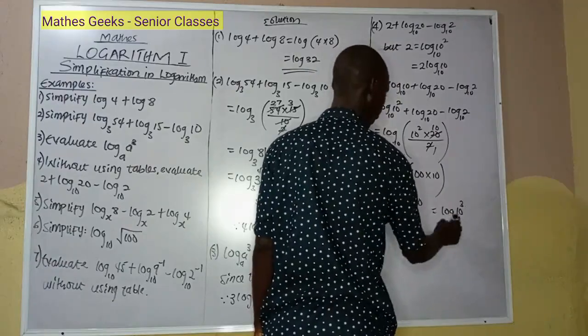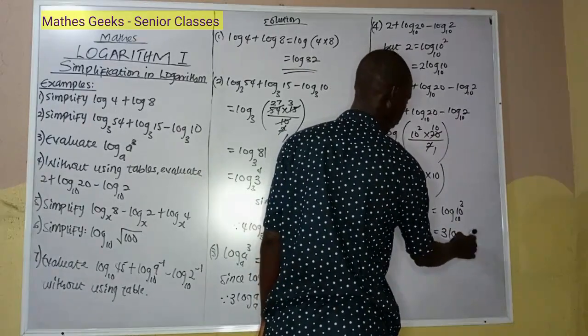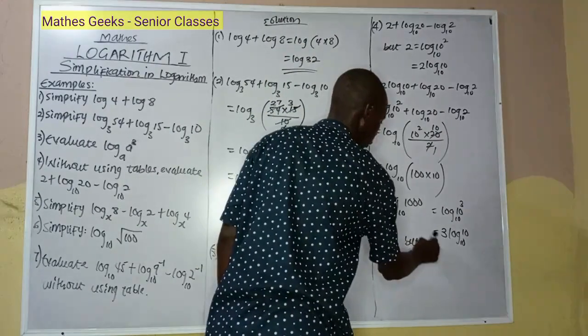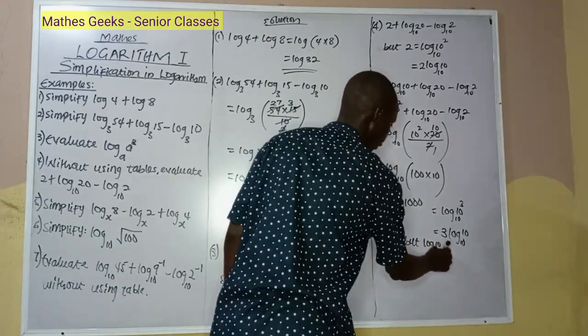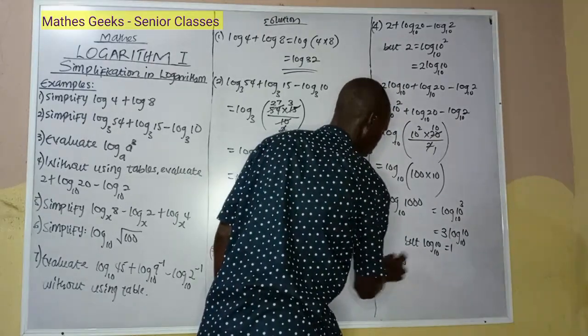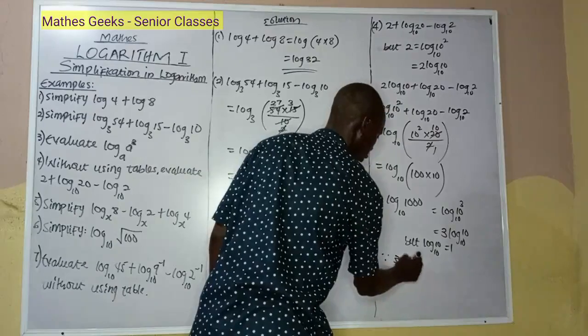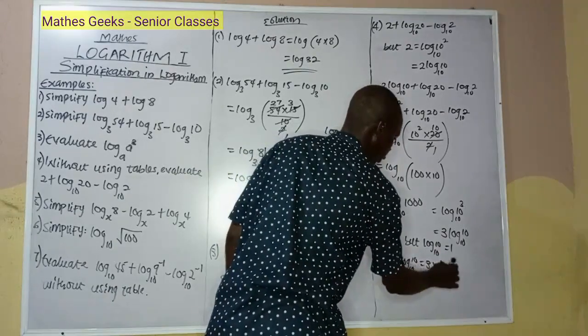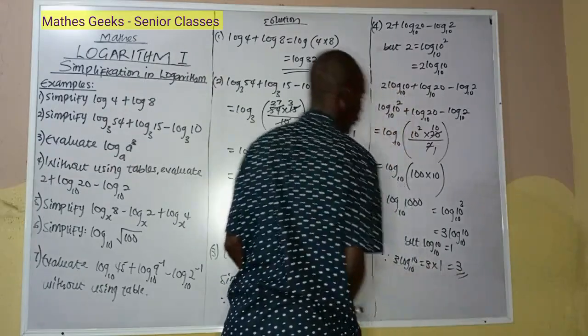So this brings it backwards as 3 log 10 to the base 10. But log 10 to the base 10 is equal to 1, therefore 3 log 10 to the base 10 is equal to 3 times 1. That's equal to 3. My answer.